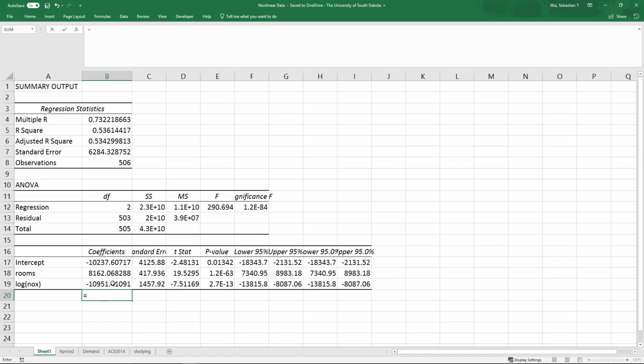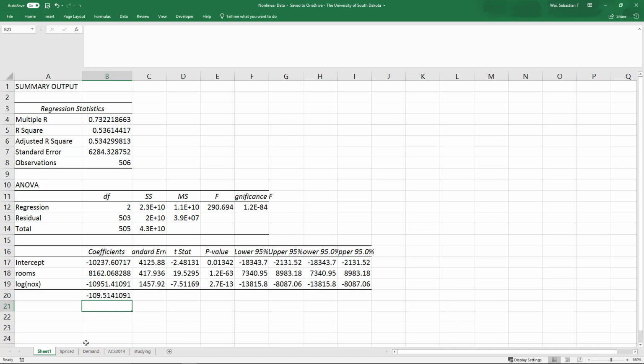So if I take the coefficient and divide by 100, I get about $109. Remember that the effect is still in dollars because price is still in dollars, not in logs. So again, a 1% increase in NOx will decrease the house prices by $109. Note that I'm saying a 1% change in NOx, not a 1% change in the log of NOx.